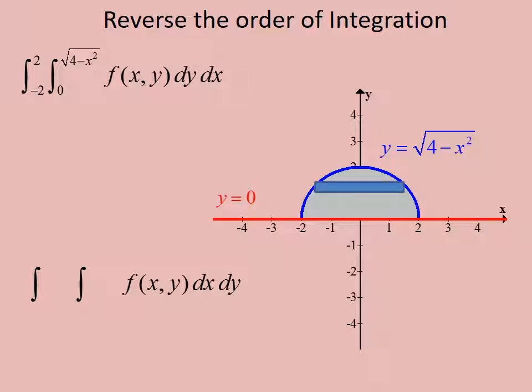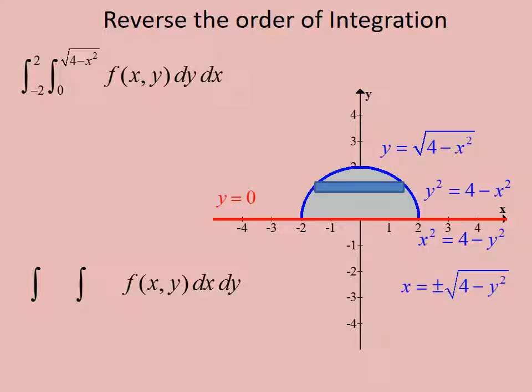Alright, so we'll put a horizontal rectangle on there, since we want to do this as a type 2 region, and describe the left and the right sides. Well, the left side is on the circle, y equals square root of 4 minus x squared, which we need to convert to x equals. So we'll square both sides, rearrange terms, square root.